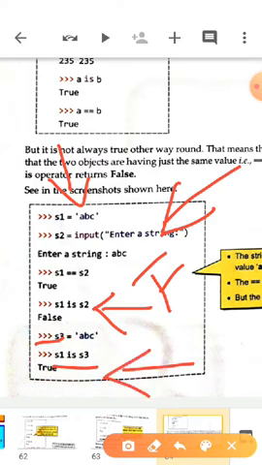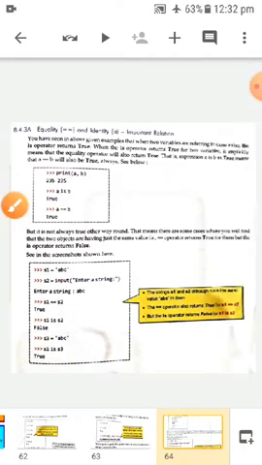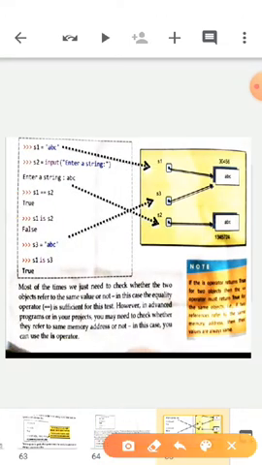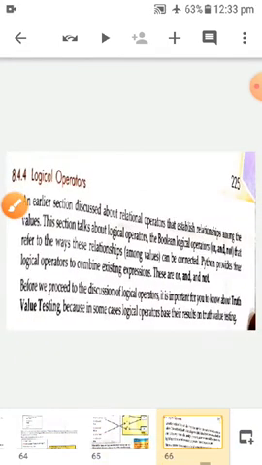Both are having the same memory location. Okay, this particular example I have explained to you: when you are getting a compile time value and when you are getting a runtime value, definitely you will get a different memory location. That is why s1 is s2 is false, but s1 is s3 is true. Okay. Now let's move to the next slide.